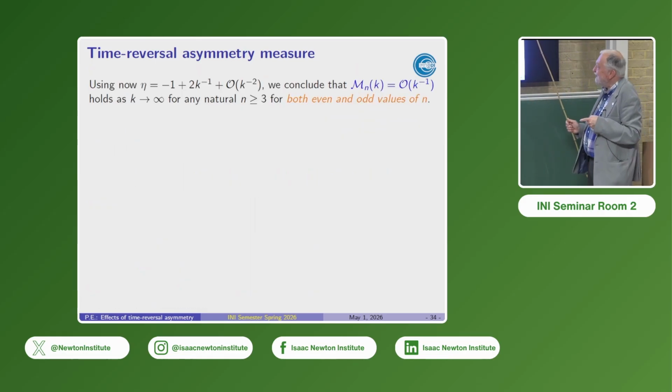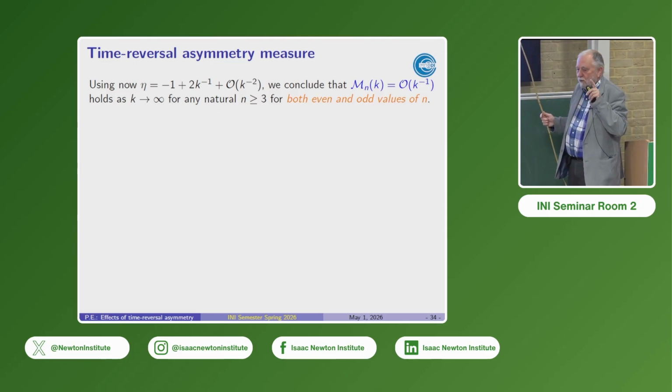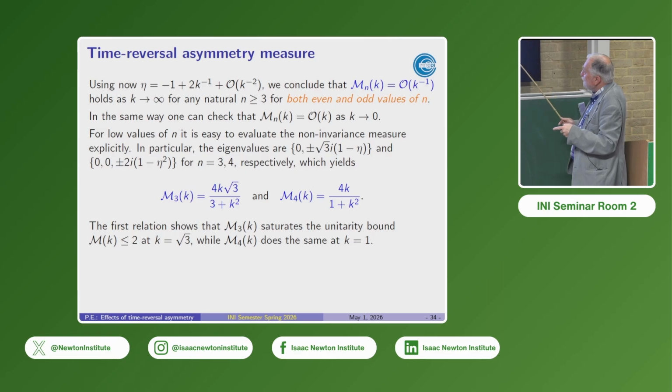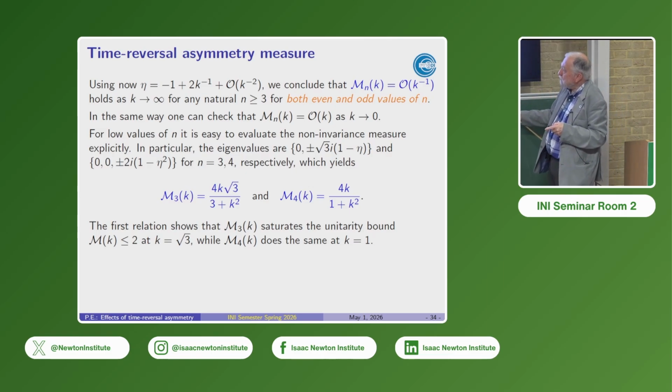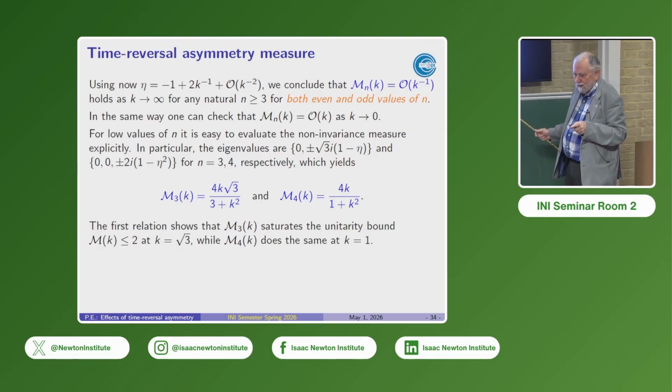Yes. So you have this thing here. Actually, even if k goes to 0, you have a 0 limit. In fact, you can compute it explicitly for 3 and 4, and you have this explicit formula. So you see that both these measures saturate. There is a value of k for which they equal 2. But it happens at a different value: here it is for k equal 1, here it is for k equals square root of 3.